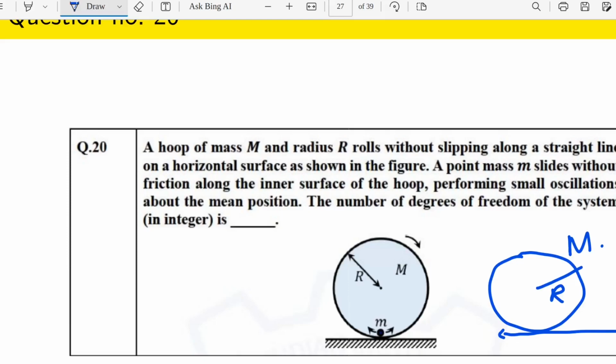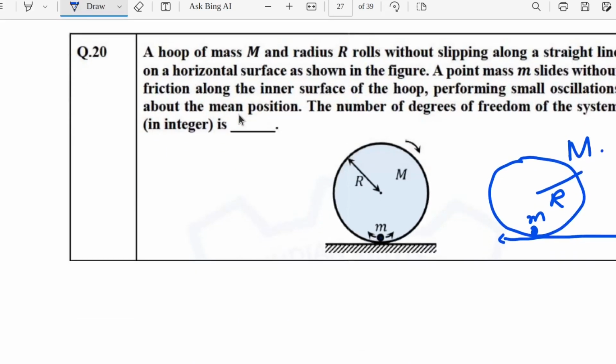You can see that a point mass m, one small point mass, slides without friction along the inner surface of the hoop, performing small oscillations about the mean position. There is a very small oscillation about the mean position. The number of degrees of freedom of the system is what?